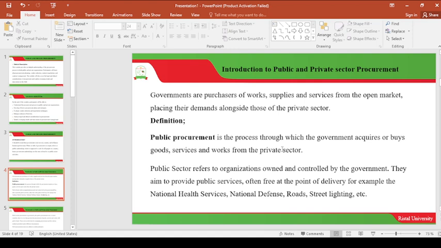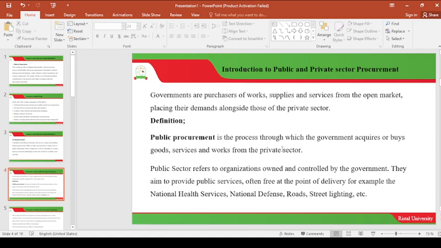When the government wants to construct roads or street lights, they will come to the private sector where those service providers are, and they purchase these goods from them.